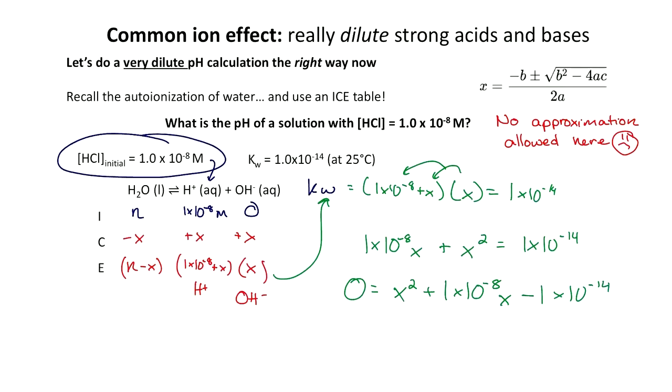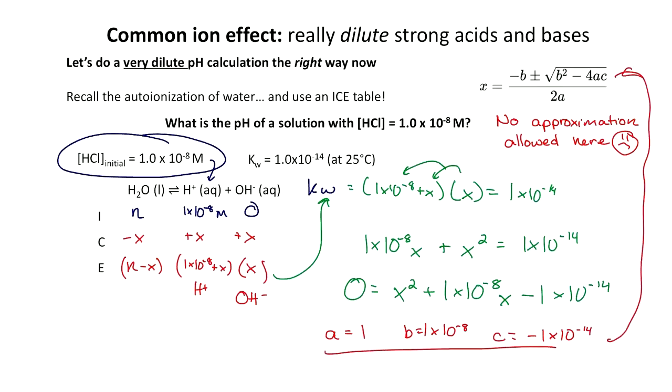So A equals what? Once I have it in the right form, it equals 1. B equals 1 times 10 to the negative 8. And C equals the constant on the end, negative 1 times 10 to the negative 14. So there is our A, B, and C terms.